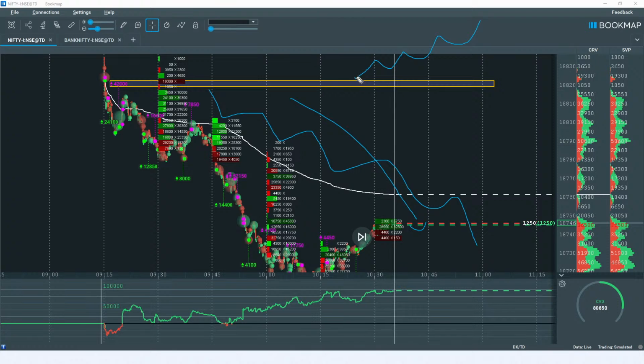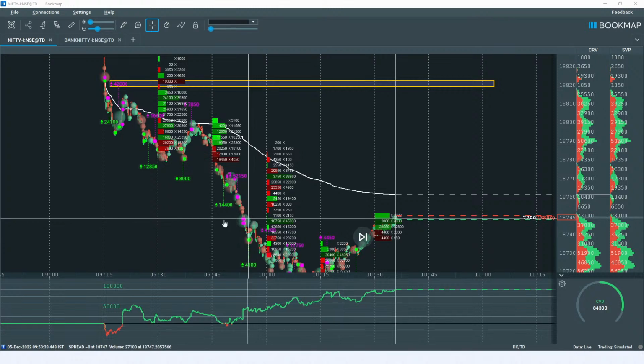So if at all price sustains above this particular price level, then it's a caution, or a sign where we can be alert about our shorting opportunities, or we can also think of changing our concept to look for long opportunities. That's how we can use this information.